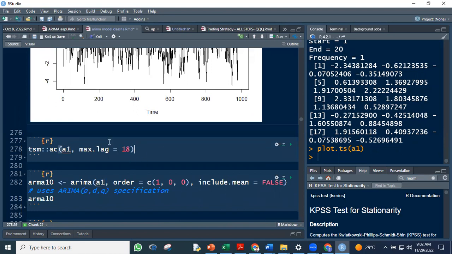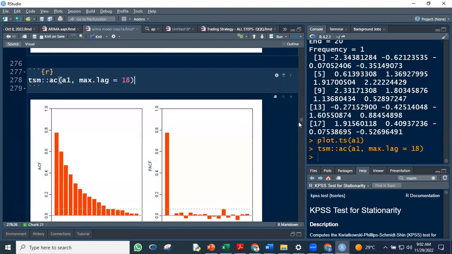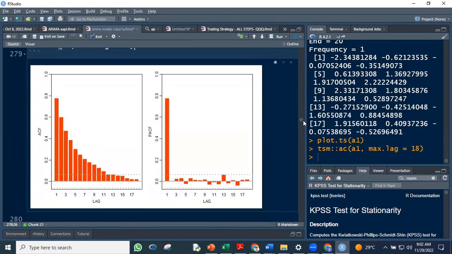Okay? And then if we plot the autocorrelation, okay, what do you see? All right, you can see here sa ACF, slow decay, tapos sa PACF, significant lang at lag 1.